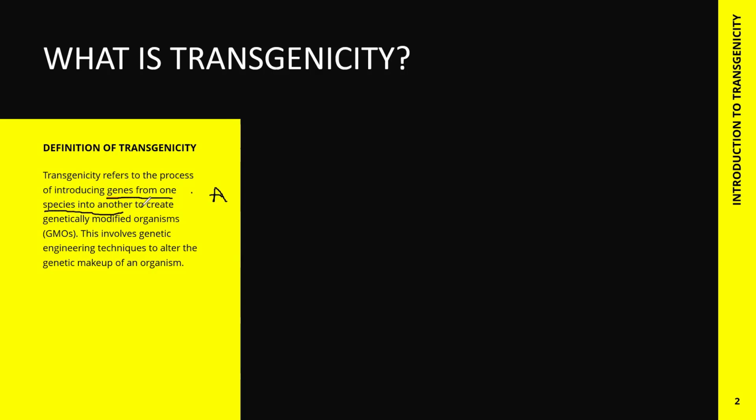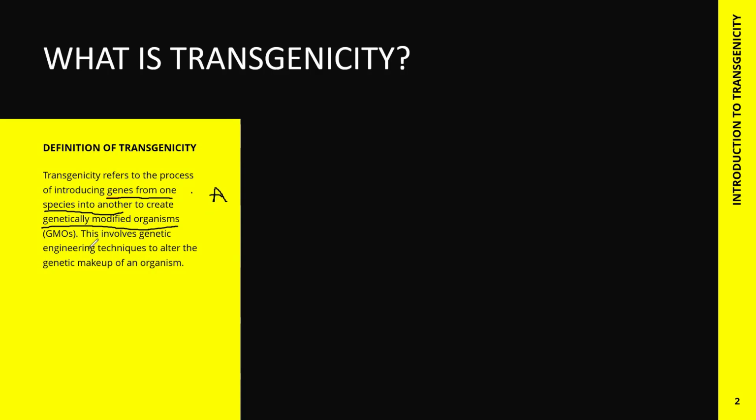That process is called transgenicity. And the organism that received that gene from another species is called a genetically modified organism because the genome of that organism is altered. As a result of that alteration, the organism is called a genetically modified organism.